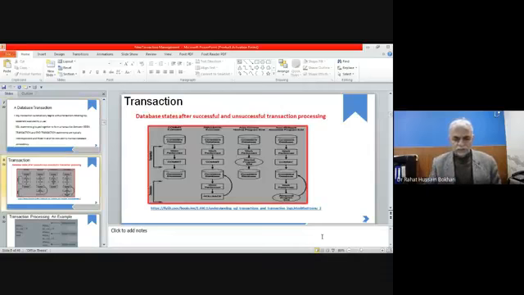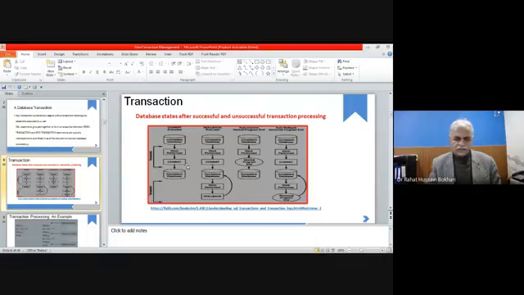Here is a simple example of a transaction. I have the two commands that we already discussed: one is rollback and one is commit. Commit means that for the transaction you have done, the changes are made permanent.